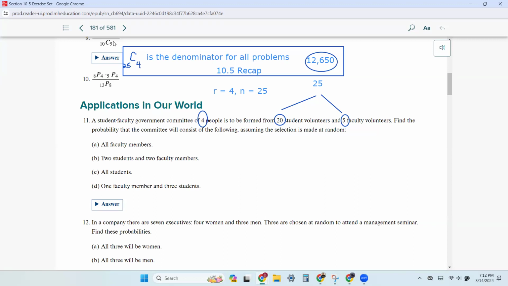That first one is telling us what to do for the numerator. We need all of our committee members to be faculty members. So it's going to be C, and we're picking our 4.